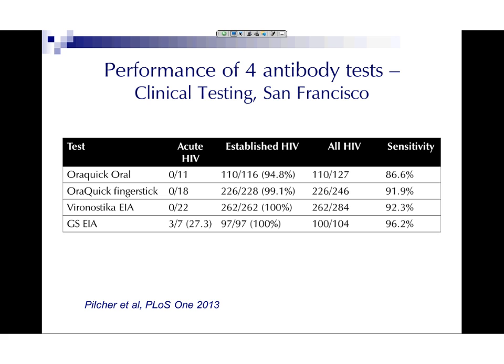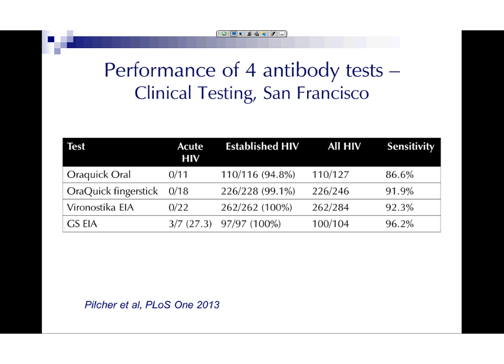But what you see, for example, is that the OraQuick oral fluid test picked up none of the people with acute infection. Its sensitivity for established HIV infection compared to an antibody test was about 95%. Overall, its sensitivity for everyone who is HIV infected, that's the far right-hand column, is about 87%. The OraQuick fingerstick test had better sensitivity for established HIV infection, around 99%, but obviously was unable to pick up acute HIV infection in antibody-negative people.